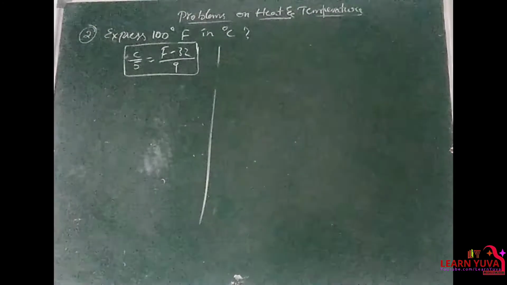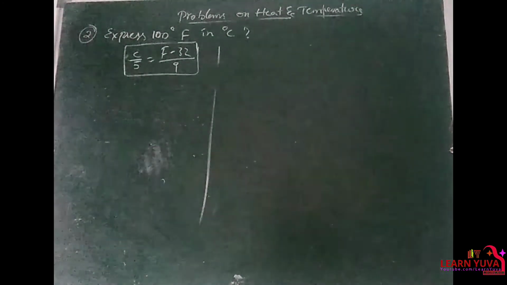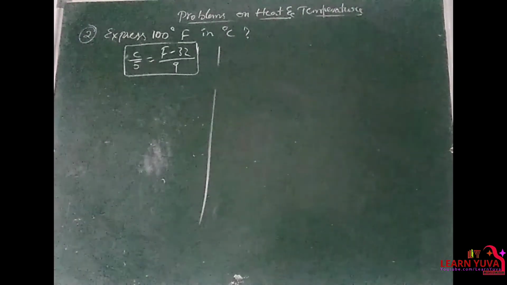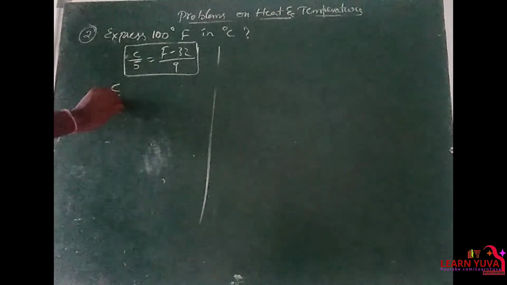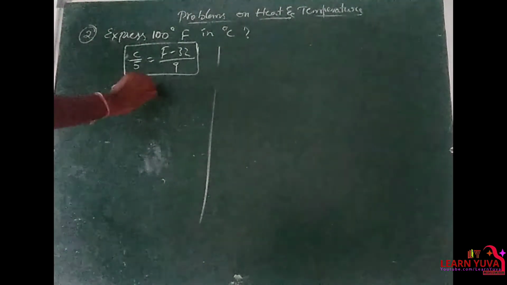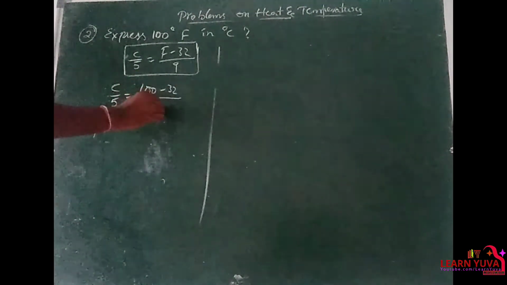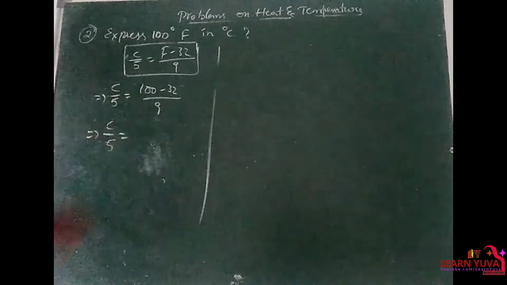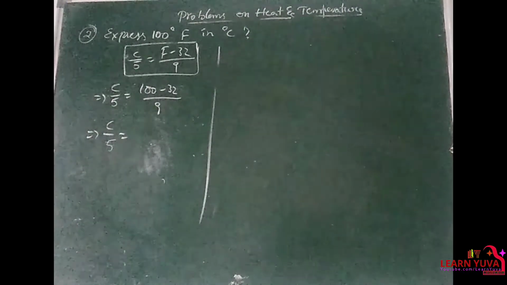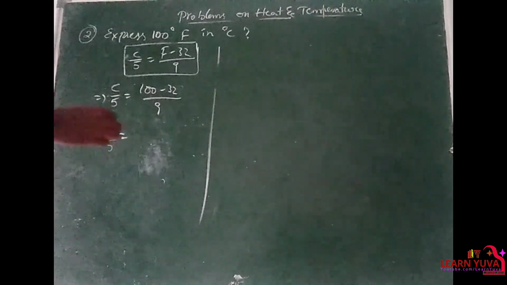Clear? Next, 100 degrees Fahrenheit in degrees Celsius. Same problem, same model. C by 5 is equal to F minus 32 by 9. So C by 5 is equal to 100 minus 32 by 9, that implies C by 5 is equal to 68 by 9.